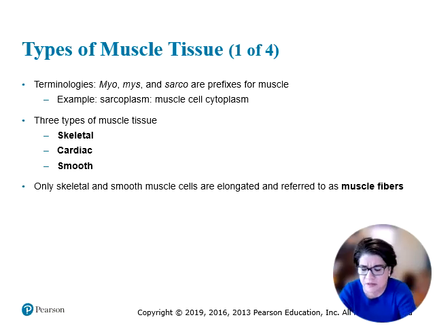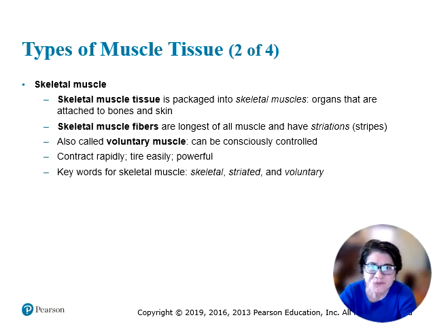And we did look at these in the tissue chapter. Skeletal muscles are usually the ones that we learn most about, how they work and what they look like. The tissue is packaged in skeletal muscles. A muscle is considered an organ because it's made of lots of tissue, and muscles are attached to bones and skin. They are the longest of the 3 muscle types, and they have striations.